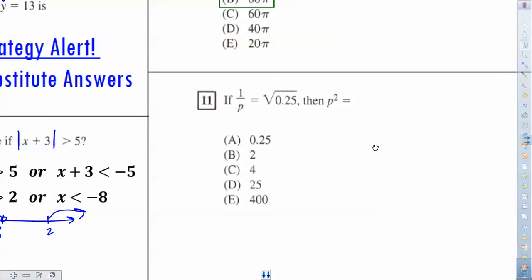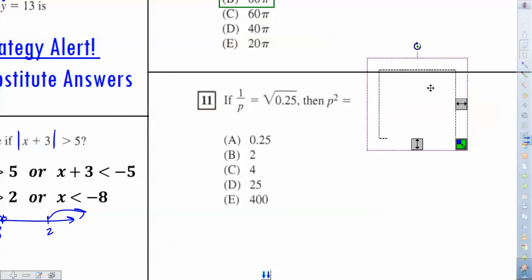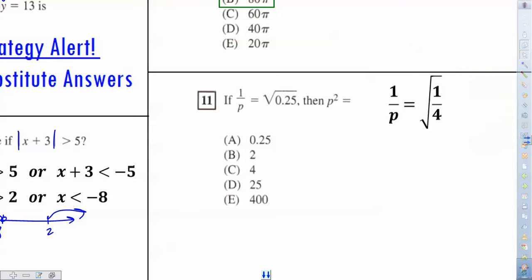Okay, here's another situation where if we're pretty savvy with the calculator, we can kind of wiggle our way out of this. Looking at this one here, we just need to figure out what p squared is. And all they told us is that 1 over p is the square root of 0.25. Well, what I would probably do with this problem is rewrite that 0.25 as 1/4. And I think we just did this with square roots, right? You have a square root of two things, top and bottom.